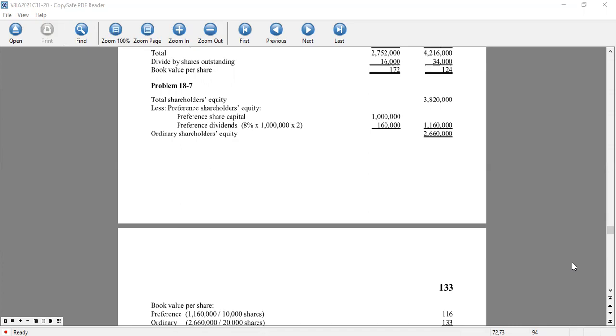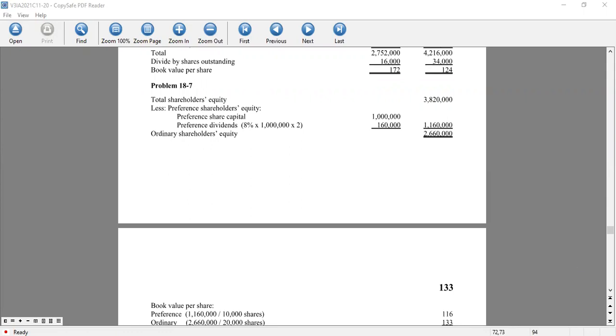That's the dividends in arrears in number of years. So we now get 1,160,000 and the difference of 2,660,000. That's the ordinary shareholders' equity.